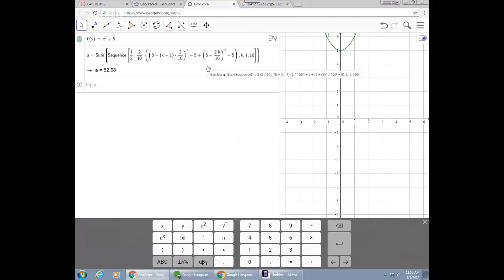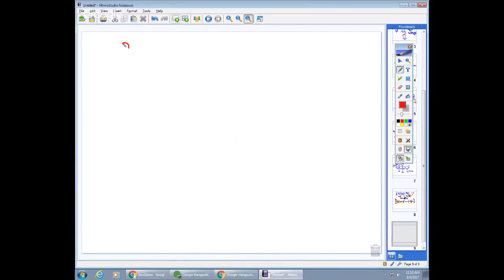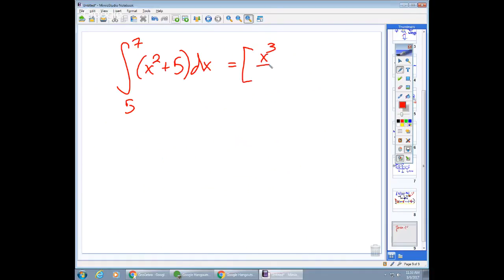So let's just, oh, we are out of time. Darn. Let's check this real quick. So we are trying to estimate the integral from 5 to 7 of x squared plus 5 dx. So let's see how close the trapezoidal rule came. So we know an antiderivative for this is x cubed over 3 plus 5x from 5 to 7.